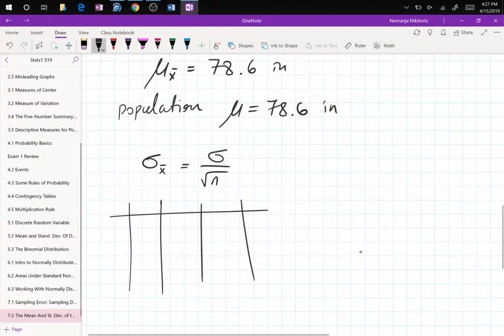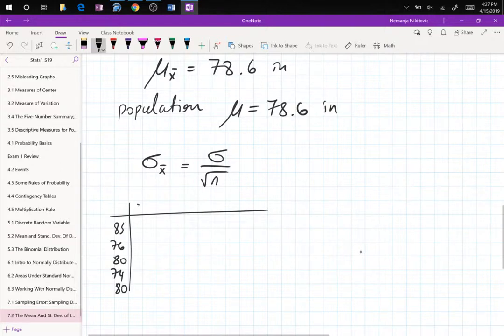We have the data, which was 83, 76, 80, 74, and 80. Then we need to have x minus mu squared, and then we have to add those.